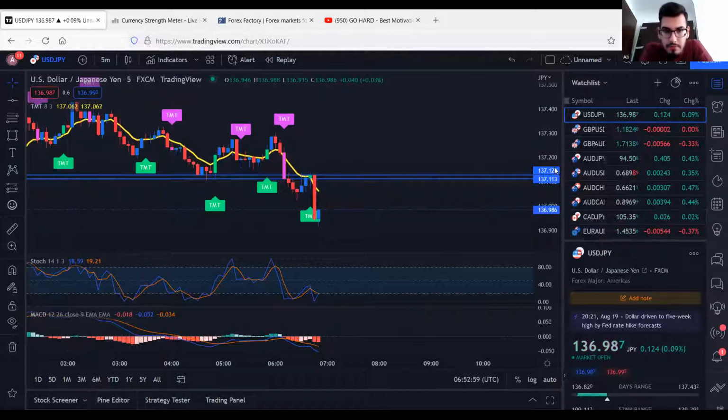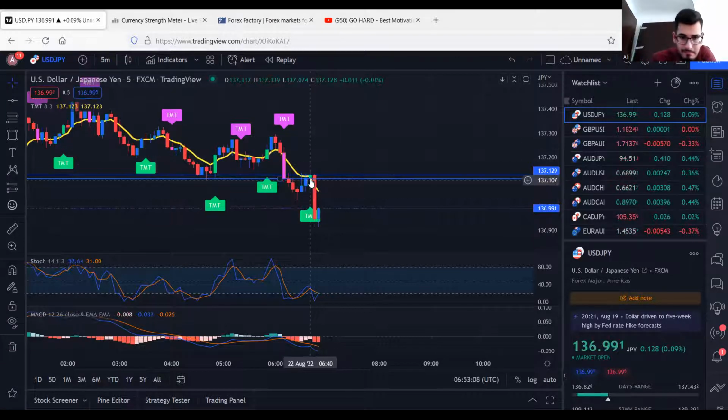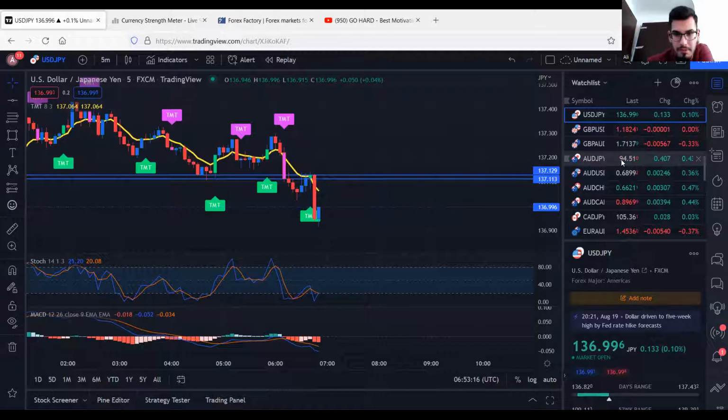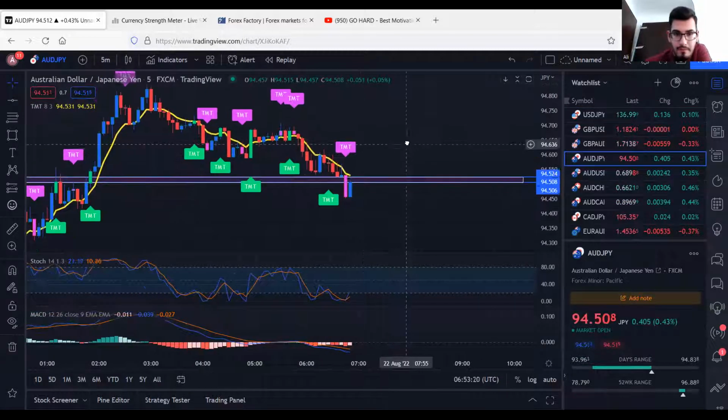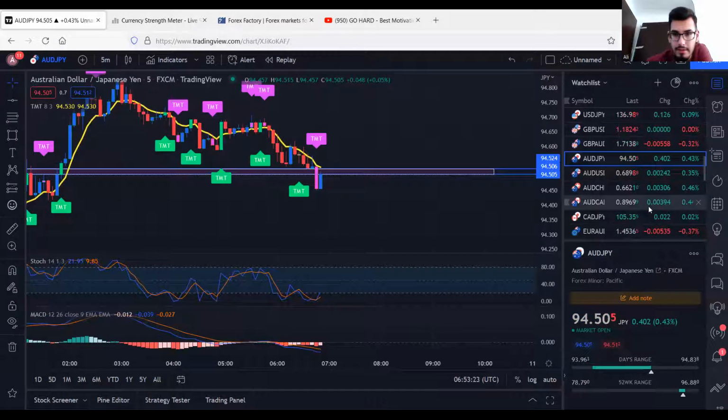Since the start of our session, we tried having entries, it just didn't do anything at all. This here, yes, that is a pullback, but it's not even near the overbought condition. That's why I'm not happy to look at USD at all for today. AUD just running away.